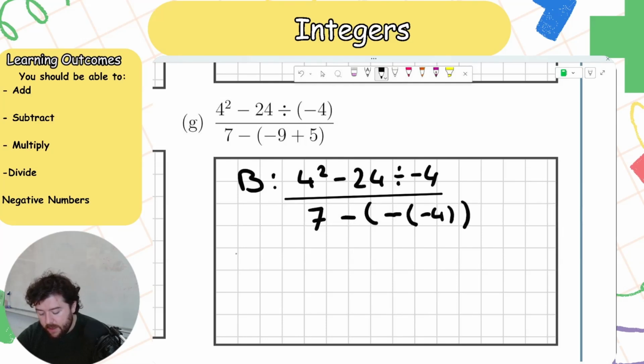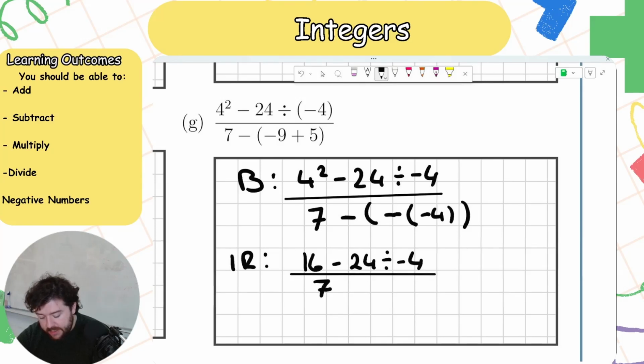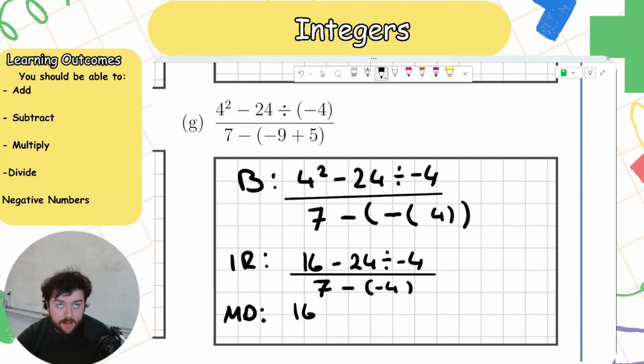Next, powers. So 4 squared is 16. Then multiplication and division: it's going to be minus 24 divided by minus 4, minus by minus, that'll be plus 6.